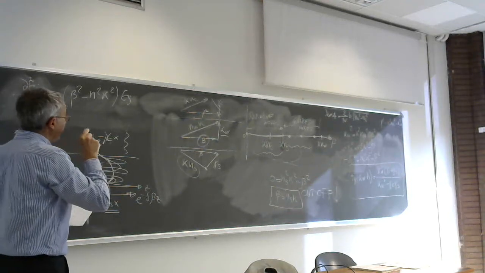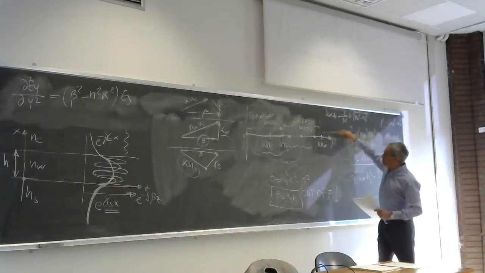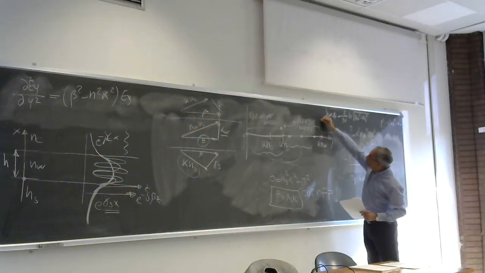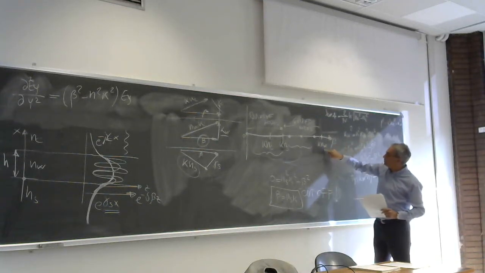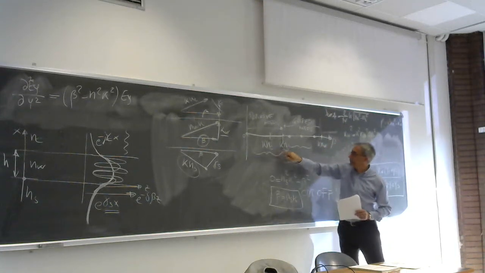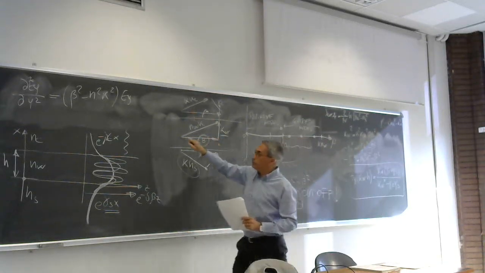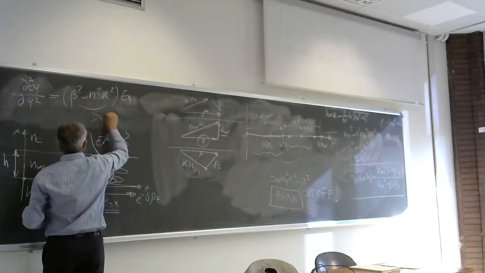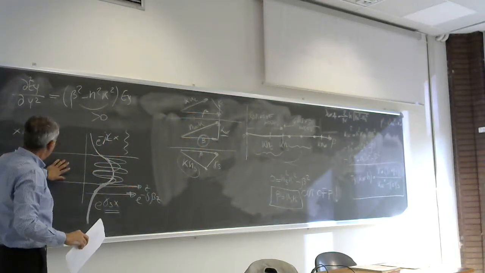If we have beta in this region, it means that beta is larger than every one of these values. So this part is positive in every region, here, here, and here.